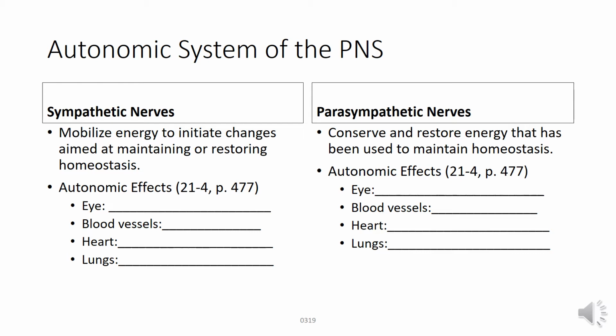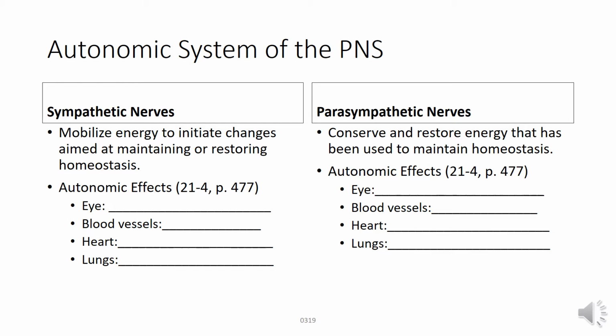The sympathetic system causes constricted blood vessels and therefore elevates blood pressure. For the heart, it increases the heart rate, and for the lungs, it causes dilation of the bronchi.